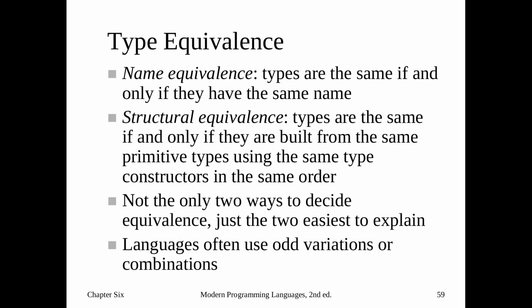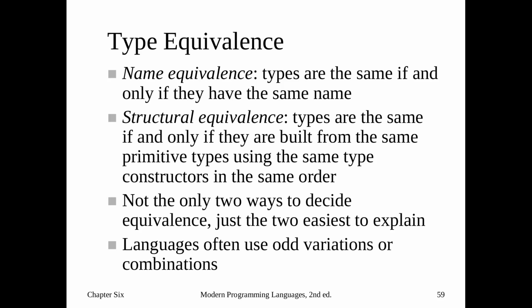So there's different things that we can do. We can say name equivalence, which is where types are the same if and only if they have the exact same name. We have structural equivalence. We can say that two types are structurally equivalent if they are composed of the same primitive types using the same type constructors in the same order.